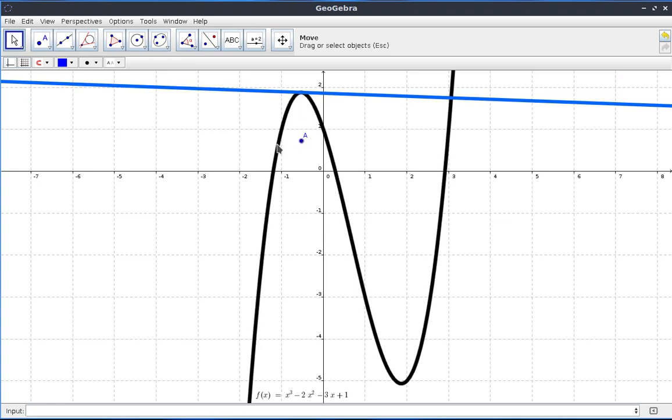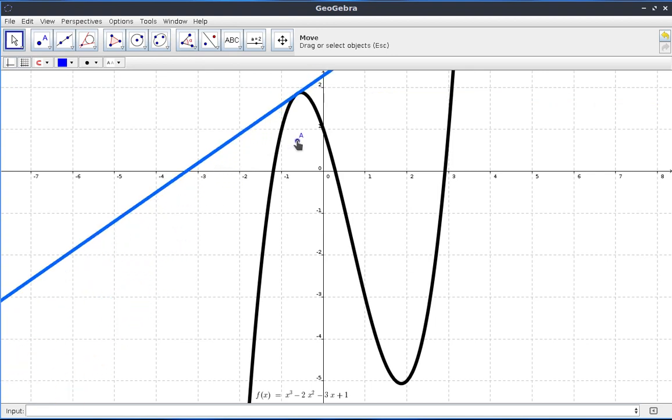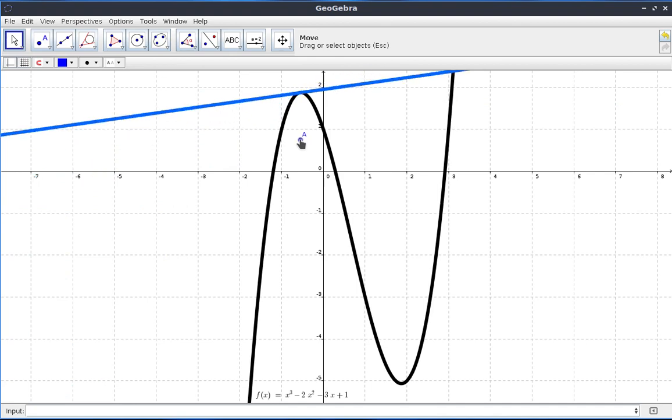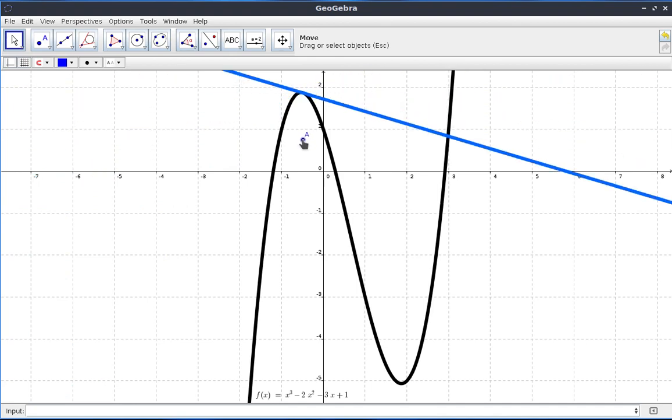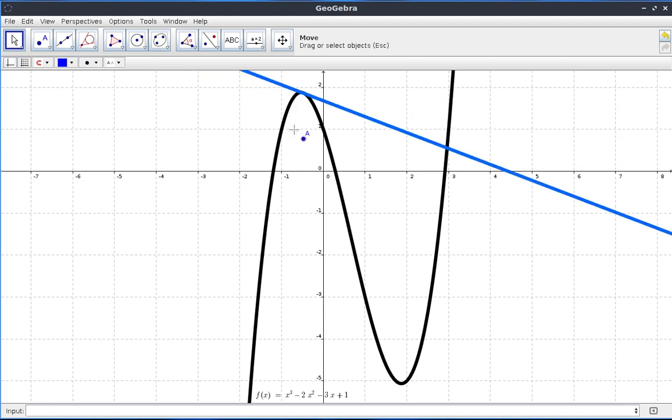Now you notice, as we move from left to right, the gradient is reducing. It's from positive to negative. It's now negative after you pass the critical point. The gradient turns negative. So right at this point is a maximum. It's approaching the negative.